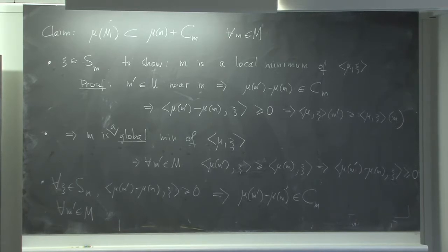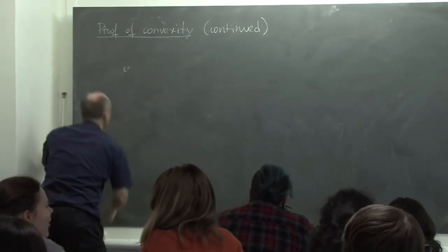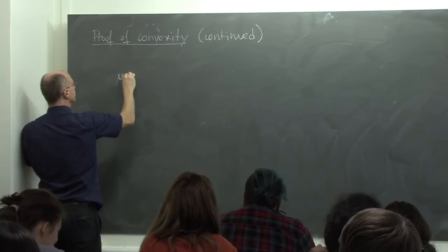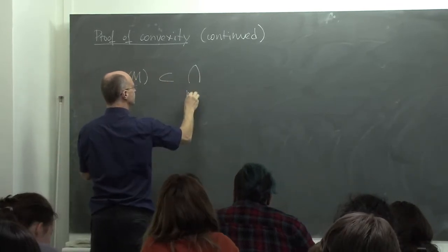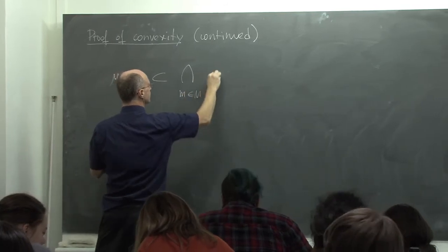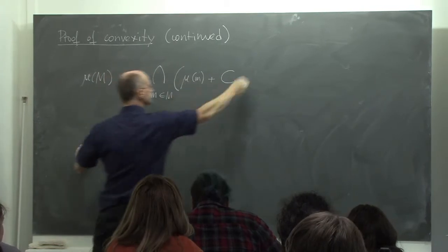So we actually showed that mu of m is contained in the intersection of these sets. Right?